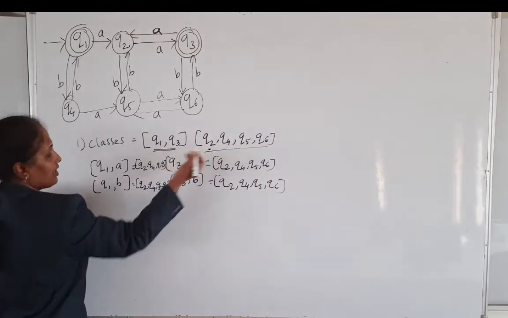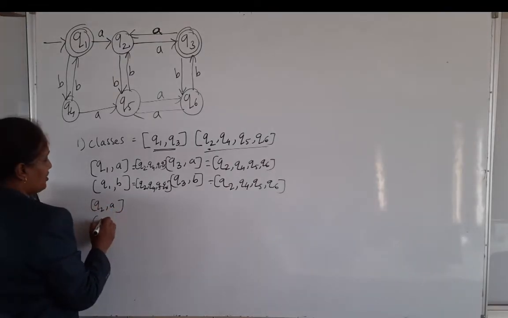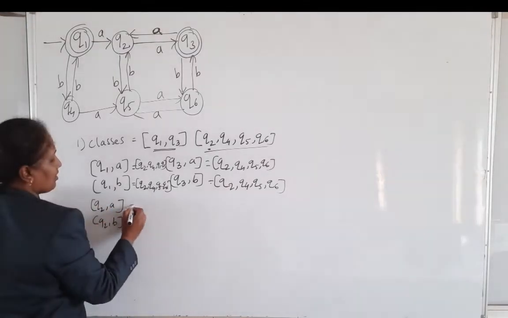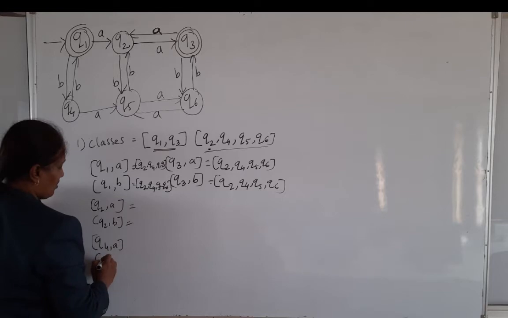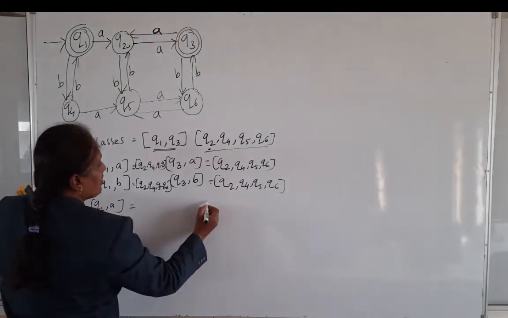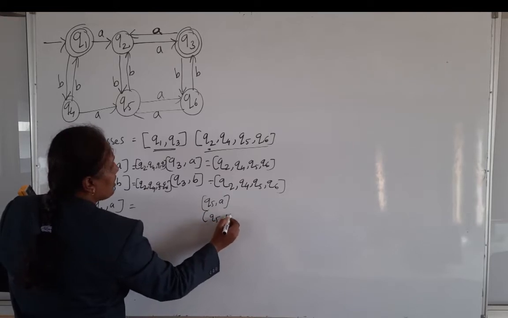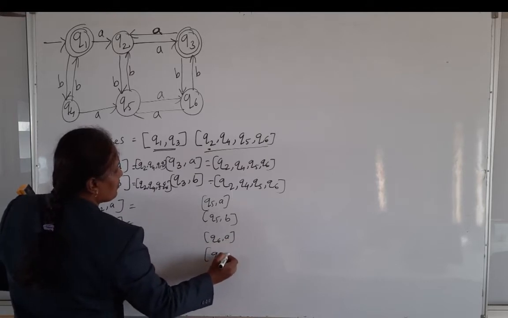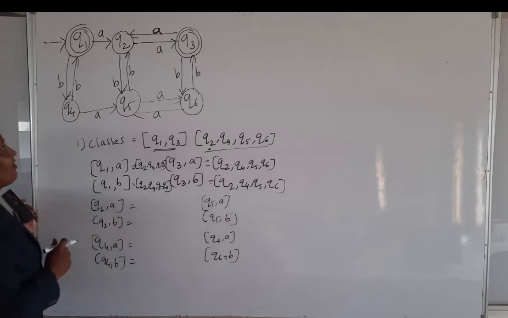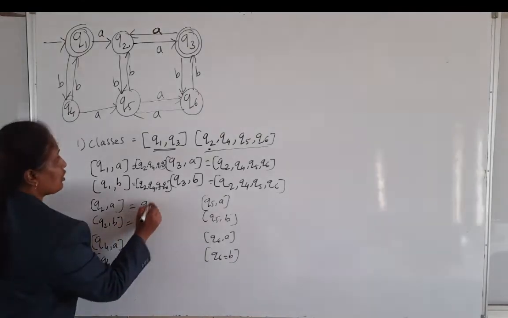Next I should check the same for the other class states, that is Q2 of A, Q2 of B, Q4 of A, Q4 of B, Q5 of A, Q5 of B, Q6 of A, Q6 of B. So Q2 of A, check the transition, I reach Q3, where Q3 is a member of this class.